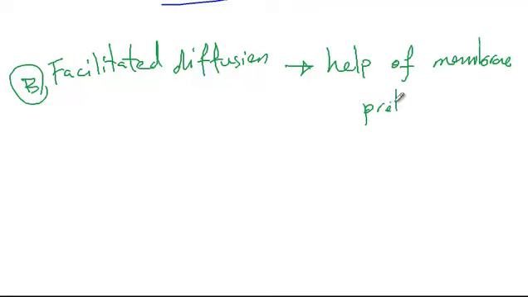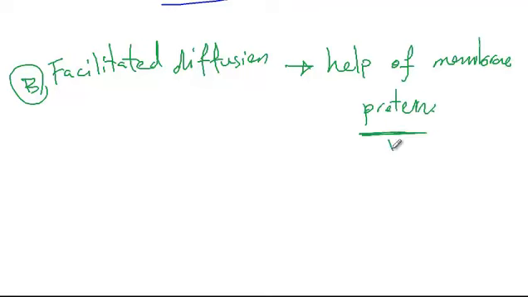And so the next mode of transport is called facilitated diffusion. This is still a passive diffusion, but it allows movement of molecules down their gradient with the help of a membrane protein.